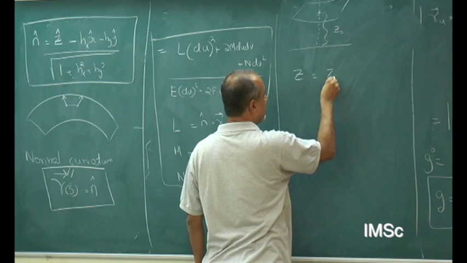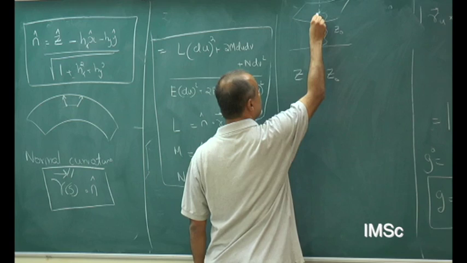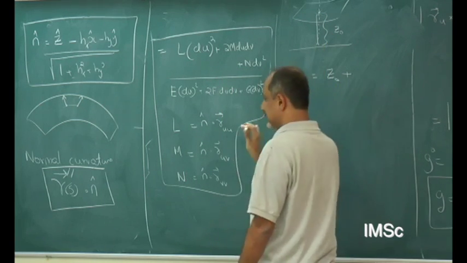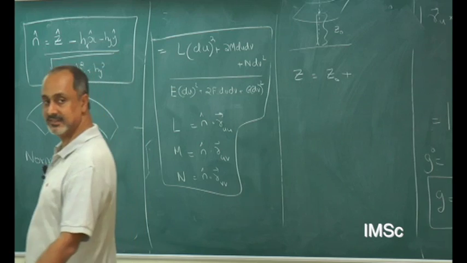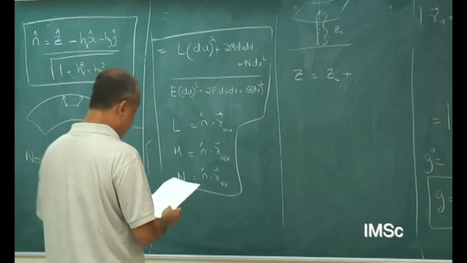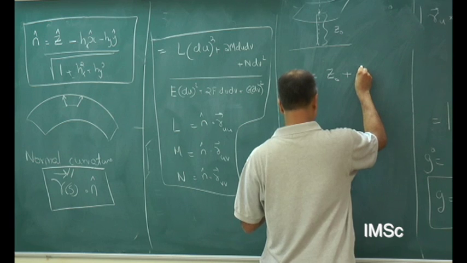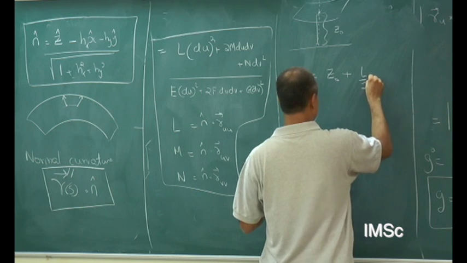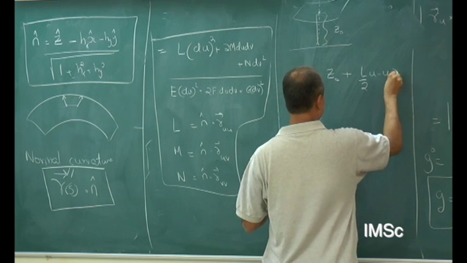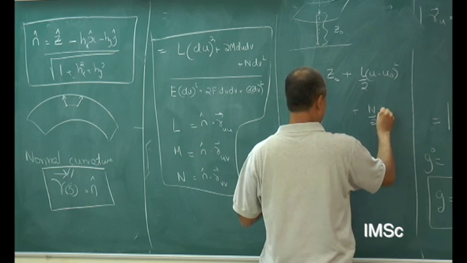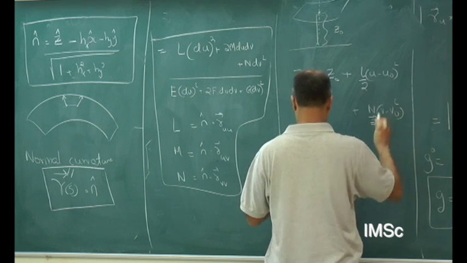One way of saying that is to say, let z, which is the height of the surface, be z0, which is this height here, plus a factor that depends upon how far you move in x and y. Let us just write it down first and then try to understand what it means in more explicit form. So this is L divided by 2 times (u minus u0) squared plus n divided by 2 times (v minus v0) squared.